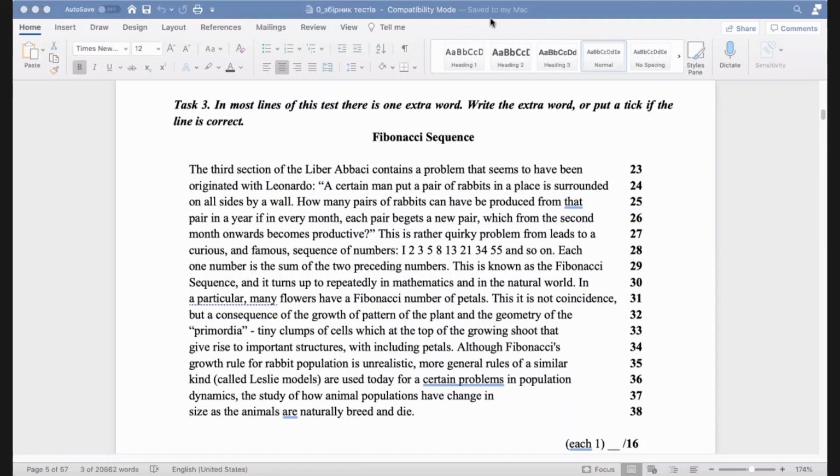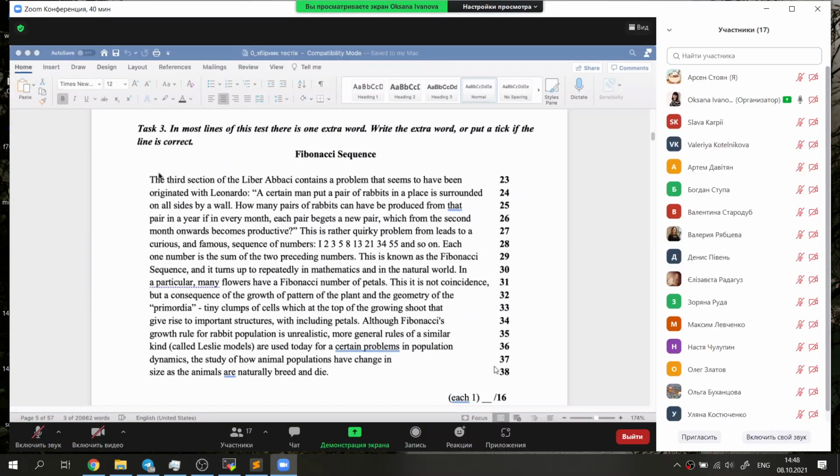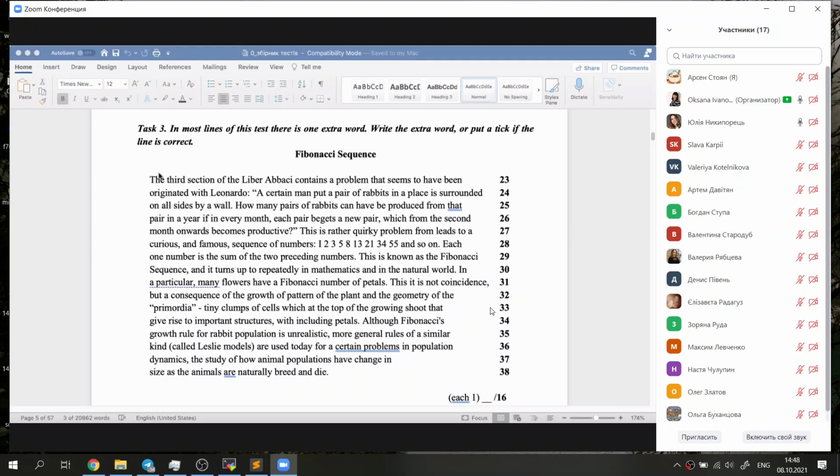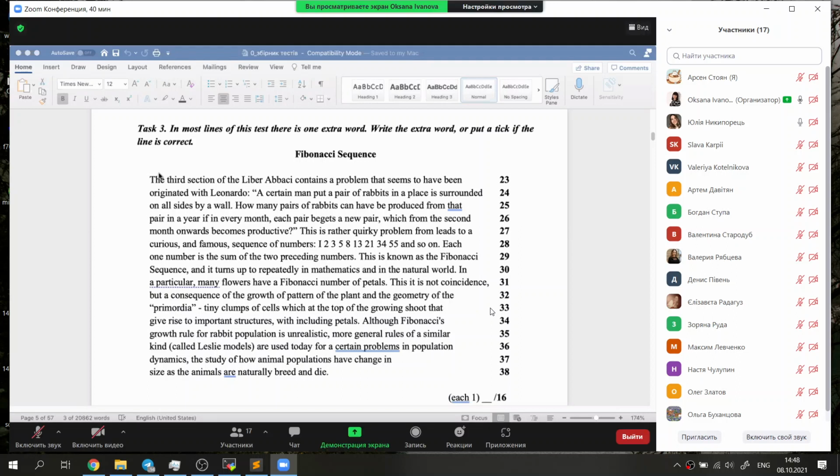Let's do everything at the same time. At the same time. Okay, so who wants to do? Maybe I will start. Yes, please. Shall I read all the text or only say where the problem is? Let's read the first line and then decide whether there are any extra words. Then the second line and decide. Discuss. Or maybe it's correct.